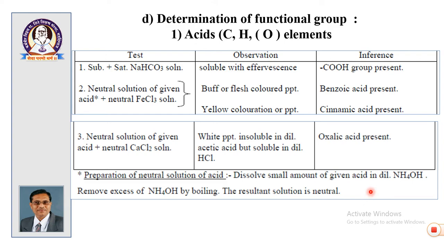You have to use that base which, when in excess, can be expelled away. So dissolve a small amount of the given acid in dilute NH4OH, ammonium hydroxide. Excess ammonium hydroxide can be boiled off very easily, and you will get a properly neutral solution. Remove excess NH4OH by boiling. The resultant solution is neutral in nature.